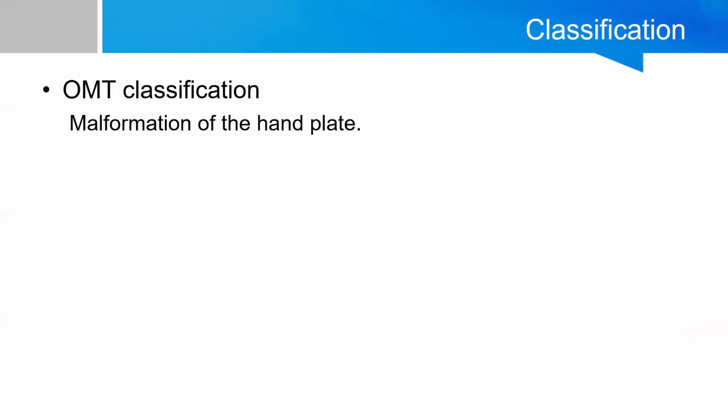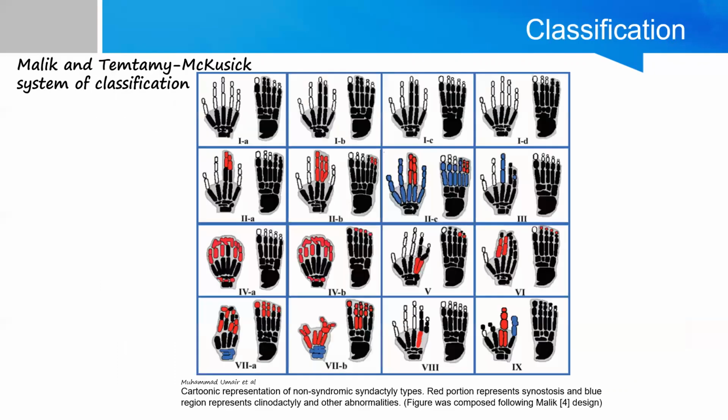In order to classify syndactyly, the OMT classification adopted by the IFSSH puts it as a malformation of the hand plate. A classification by Malik, Temtamy, and Mckusick of non-syndromic syndactyly classified it into 9 types, taking into account the most common descriptions and families that were reported to have syndactyly over generations, and trying to include the biological, molecular, and genetic variables in the classification.